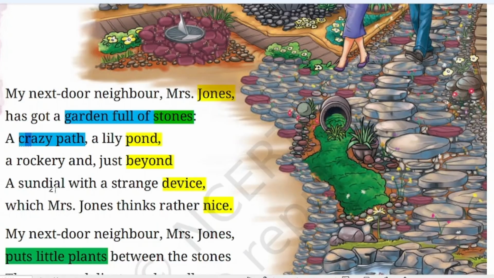The speaker feels that this garden is odd. But Mrs. Jones finds joy and satisfaction in her hobby. So the poem gently teaches us to observe closely, appreciate others and find humor in everyday life. So this is the message we get from this poem.